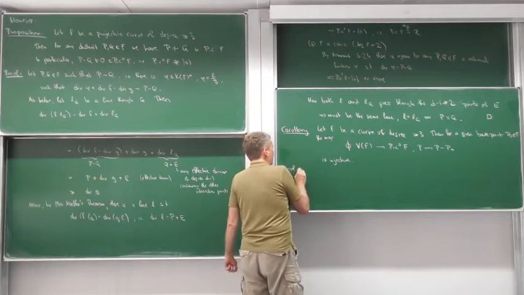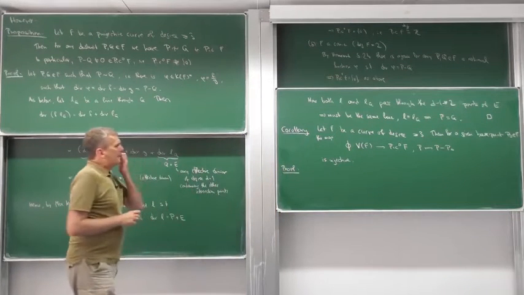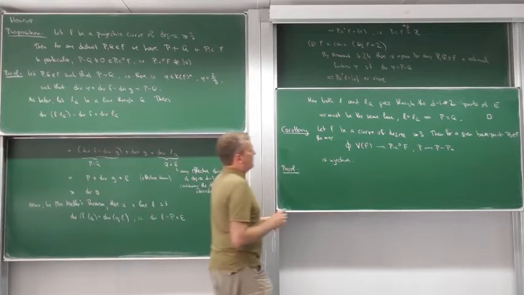What is the proof here? That really just follows from that. Namely, obviously we have a well-defined map there.